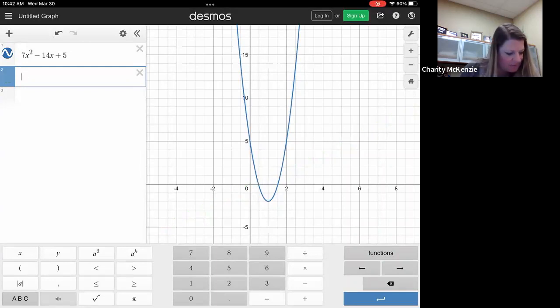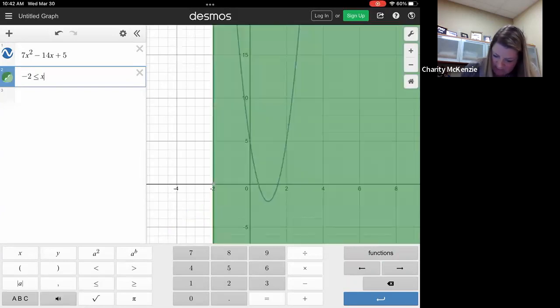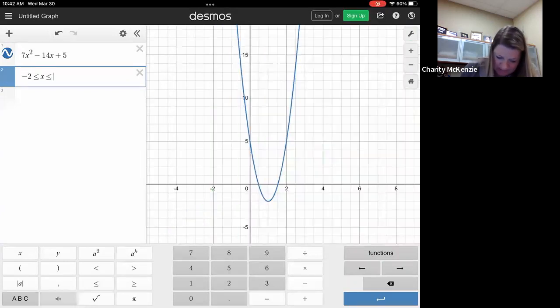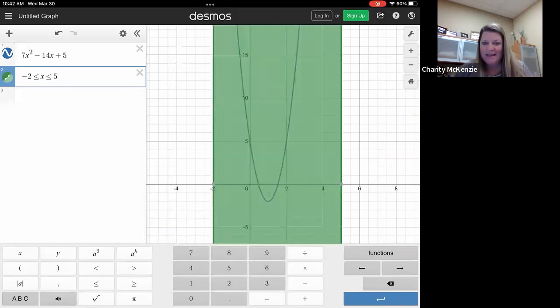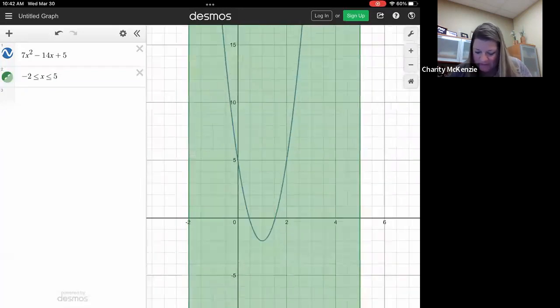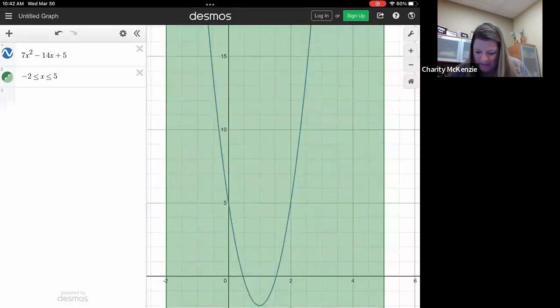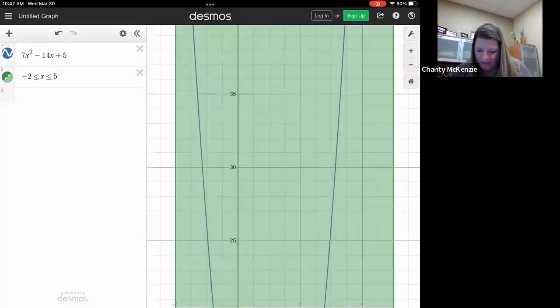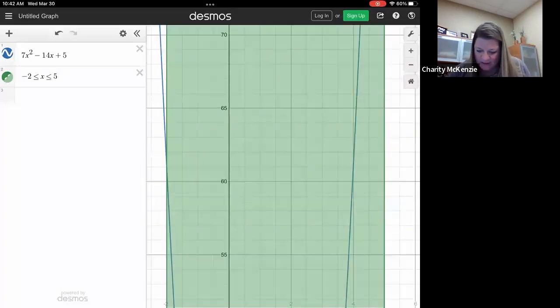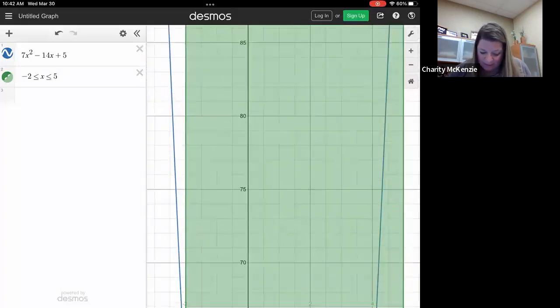So what was it, between -2 less than or equal to x, which is less than or equal to 5. That's not the prettiest way, but it's the only way I could think of right now. So let me go up a little here where this cuts it off.